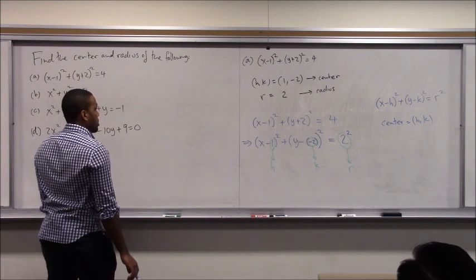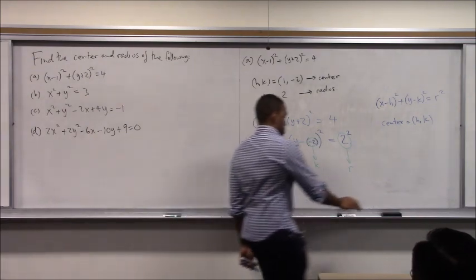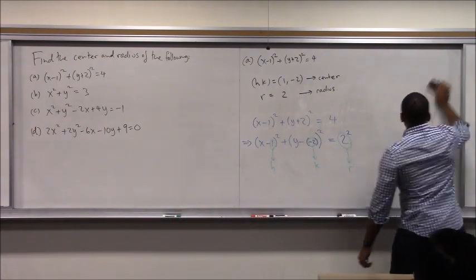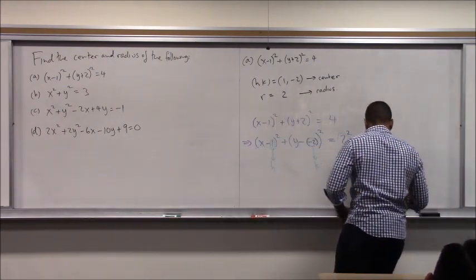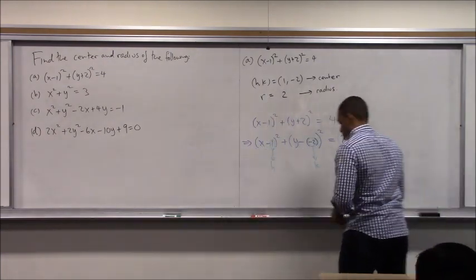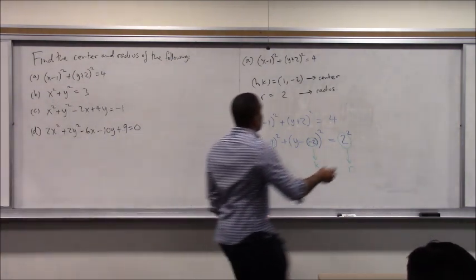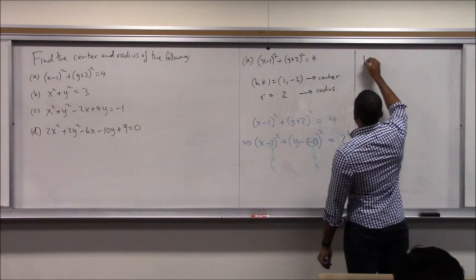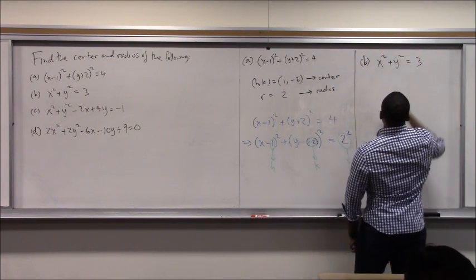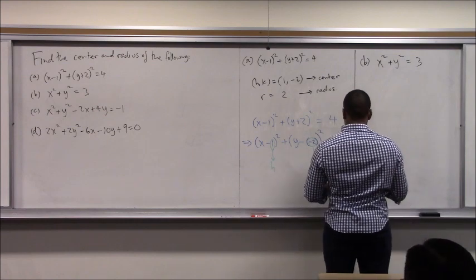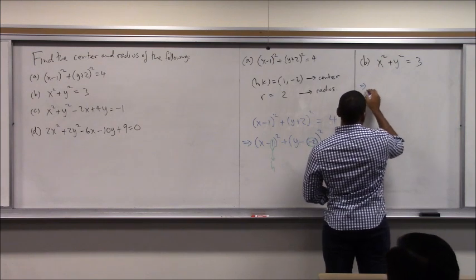What about B? What's this one? So we had x squared plus y squared equals 3. What do you think? 0, 0, square root of 3, because we are rewriting it in the form.